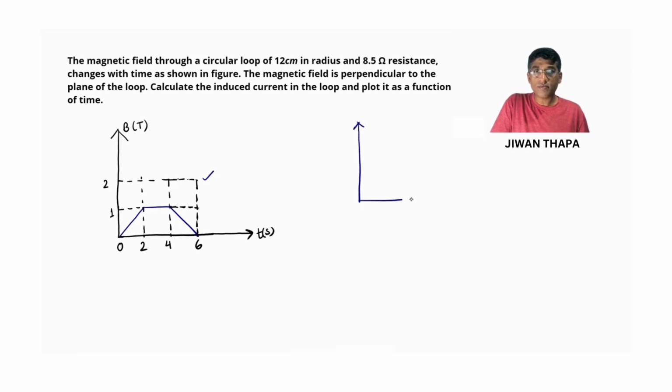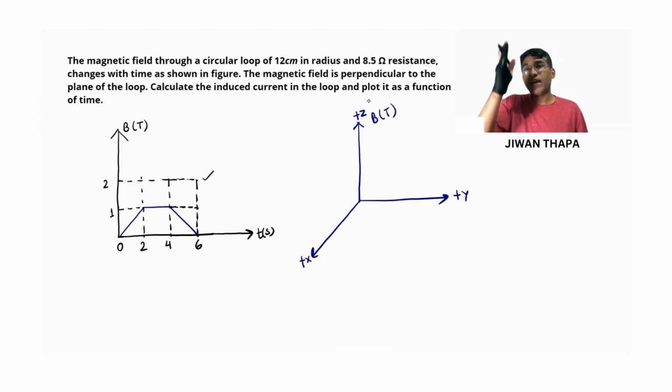So I'm drawing this. Let us take positive x along this direction, positive y along this direction, positive z along this direction. And from the figure given in the question, we have magnetic field acting in the vertically upward direction. So let us take magnetic field along the positive x-axis.